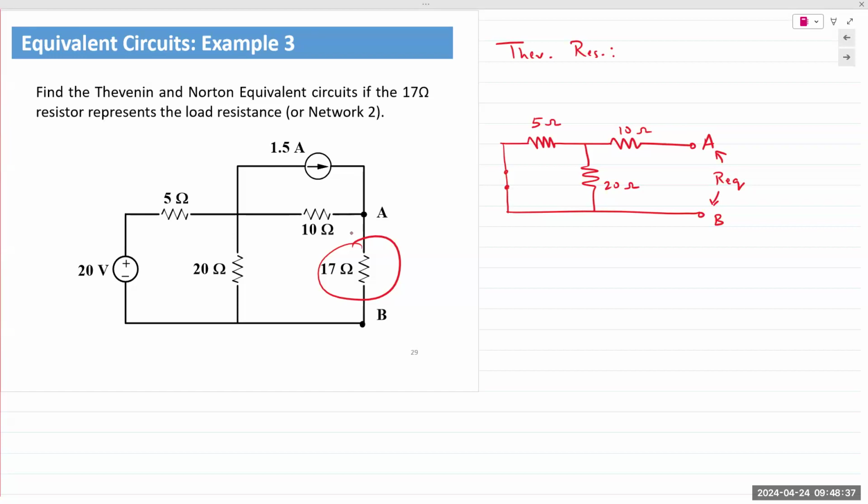Starting at the far end, you have 5 in parallel with 20, which is then in series with 10. And that gives me 14 ohms.